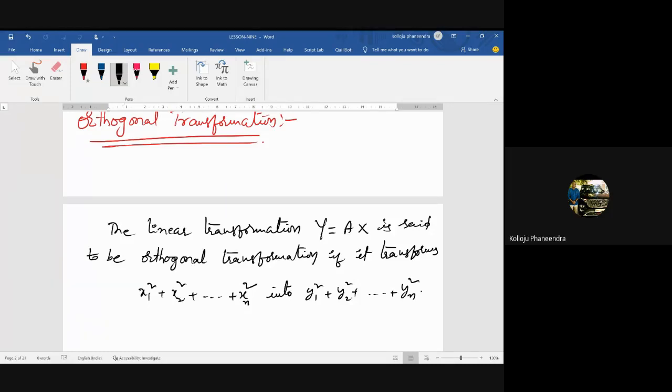That is, the transformation y equal to Ax is orthogonal if it transforms the sum of squares of x into the sum of squares of y.